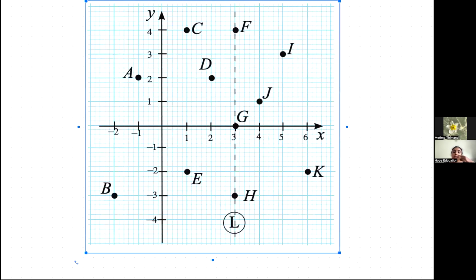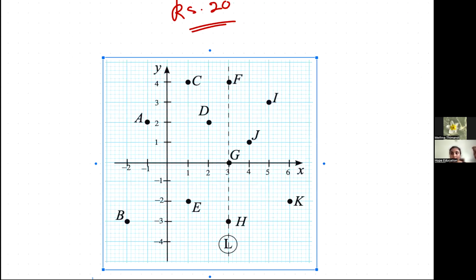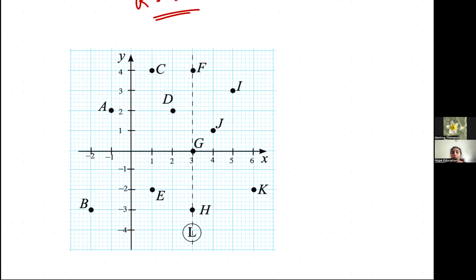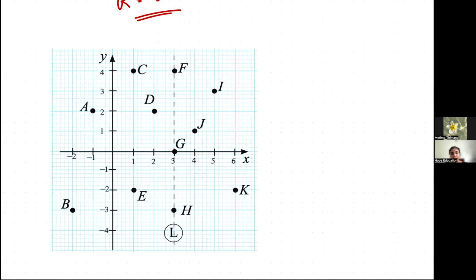Now, if you look at this Cartesian plane, there are a few points that have been marked. A, B, C, D, E, F, G, H, I, J, K. That's it, right? And L is a line. So until K, you have points that are marked, right? Here, can you write coordinates of each of these points?